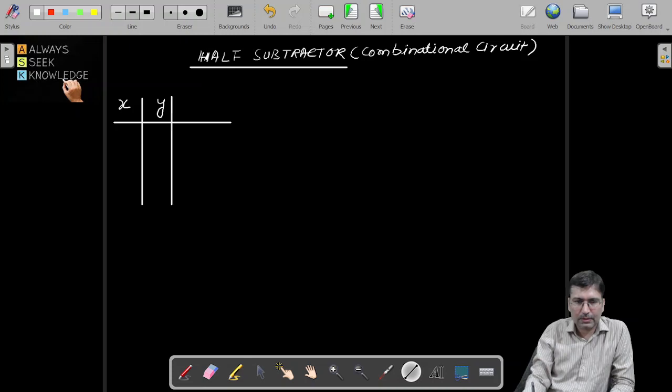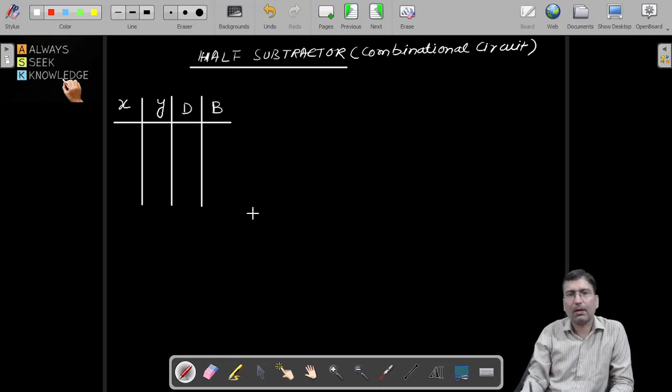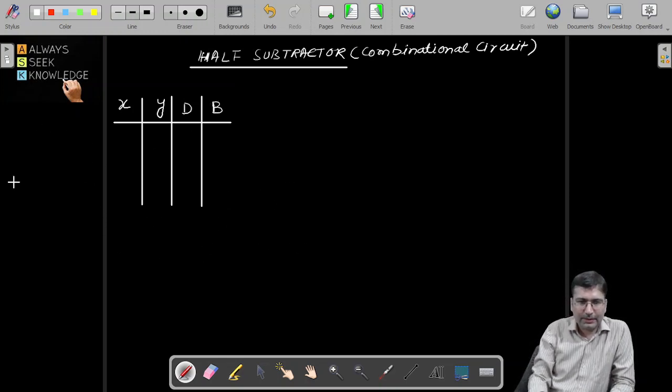So let's draw the structure of the truth table. Difference I am writing as D and borrow I am representing as B. Okay, so what is exactly borrow and what is the difference? Let's try to understand.